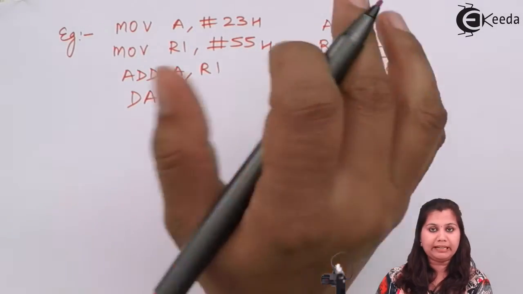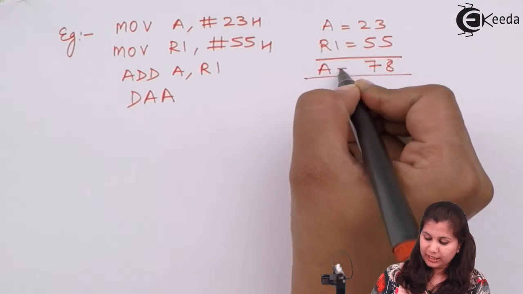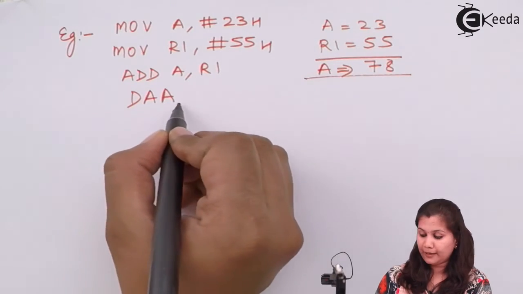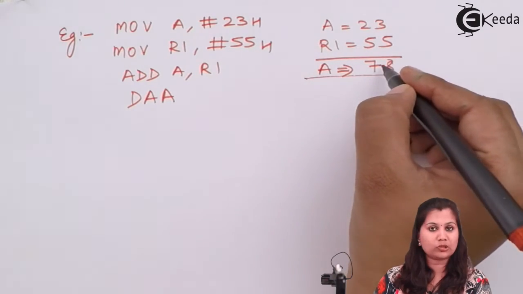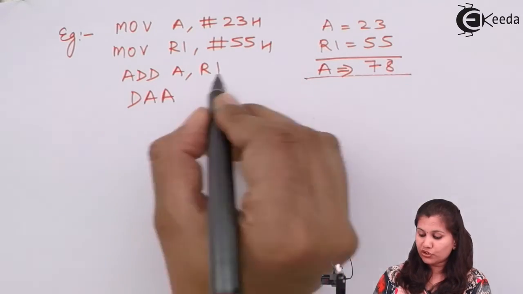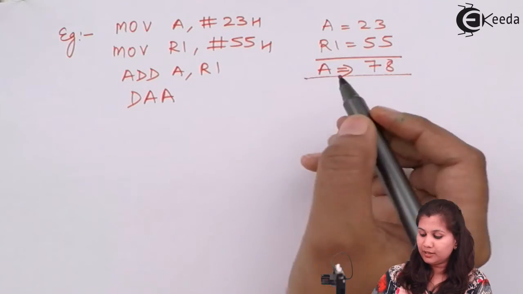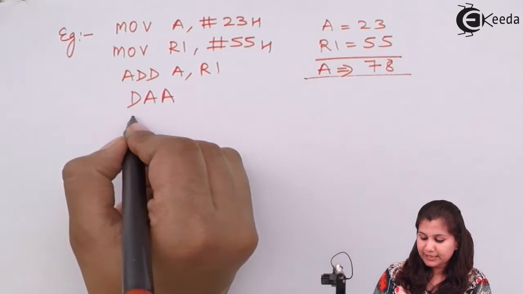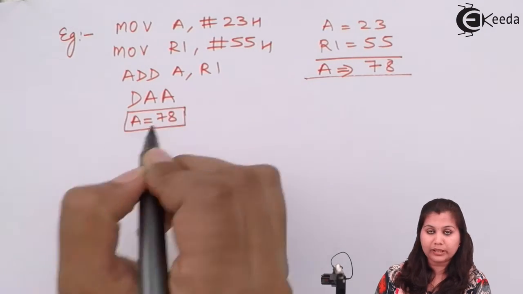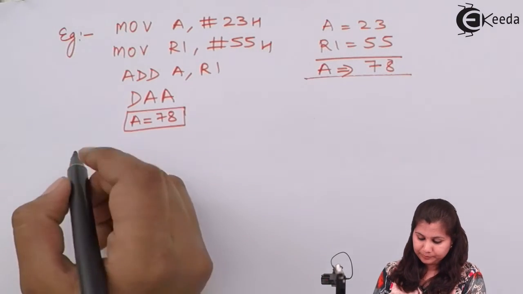This is a simple addition. The accumulator will have the contents 78, and when the DAA instruction is executed, because the lower nibble is less than 9 and the upper nibble is also less than 9, no changes will take place in the contents of the accumulator. After the DAA instruction, it will be 78 only. Let's take another example.